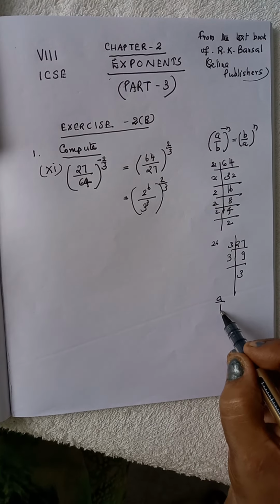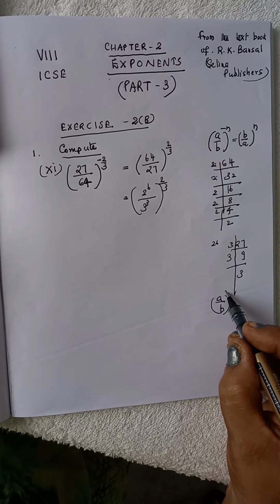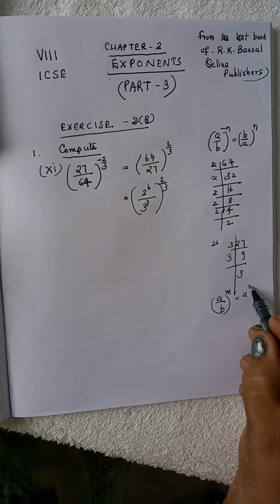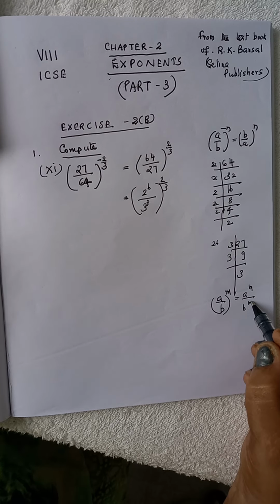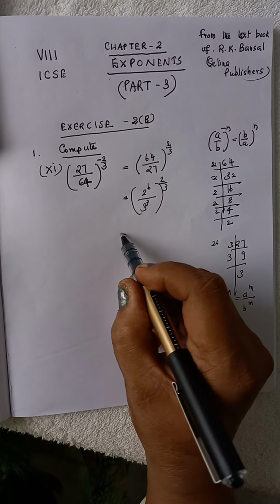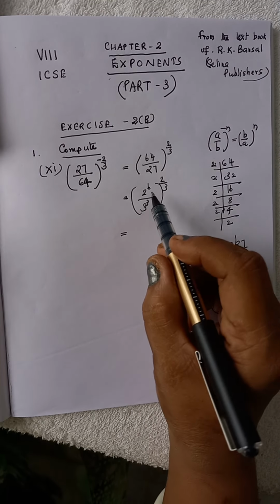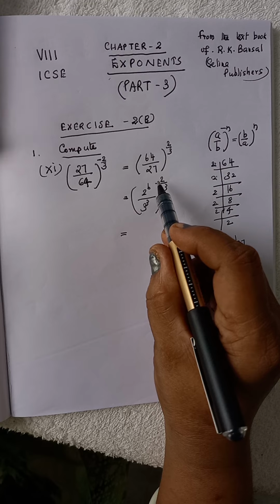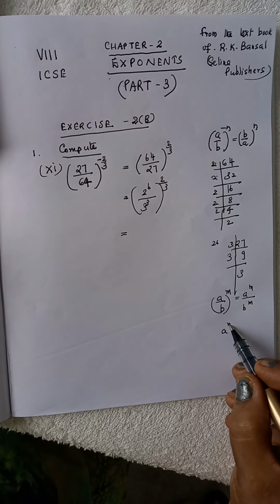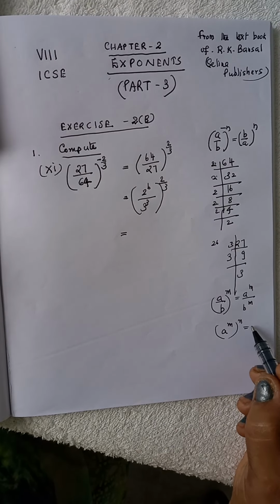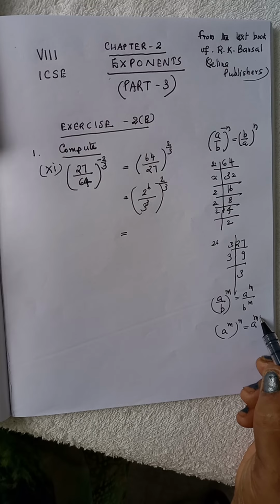We know (a/b) raised to m is equal to a raised to m by b raised to m. So this is equal to (2 raised to 6) raised to 2/3 and so on. Like that, (a raised to m) raised to n is equal to, by the power law, a raised to m into n.